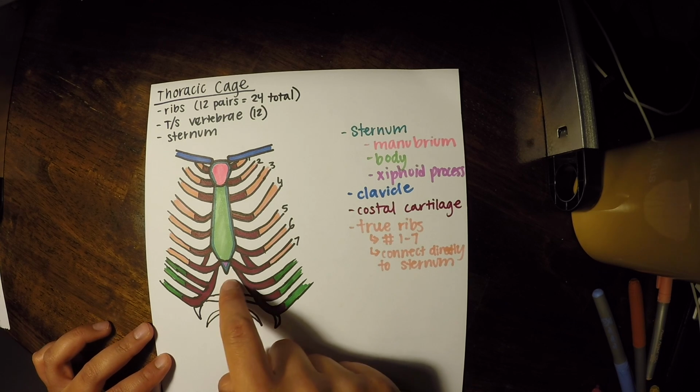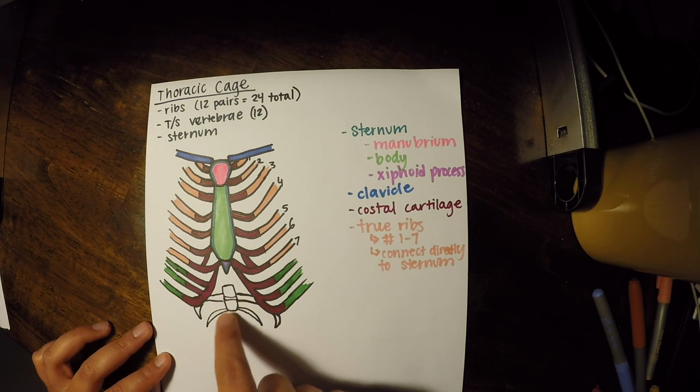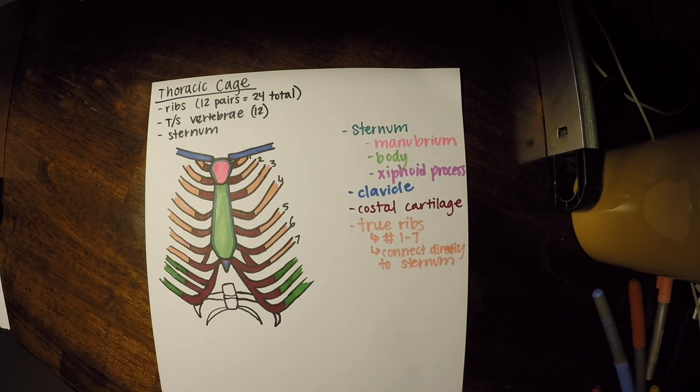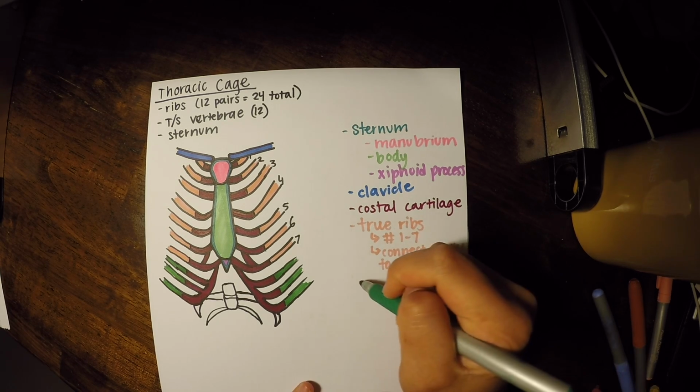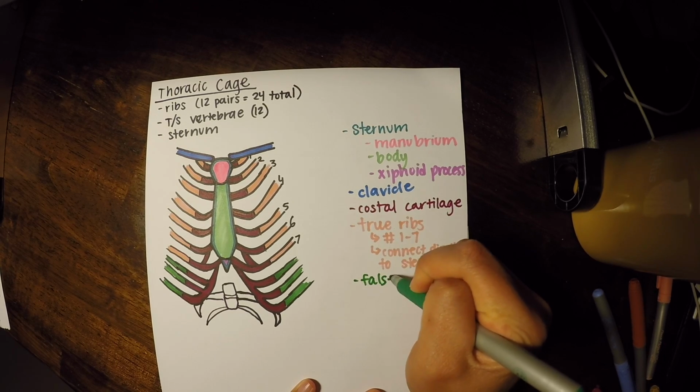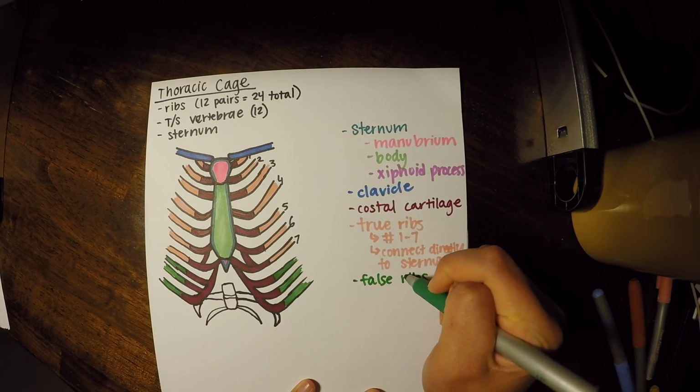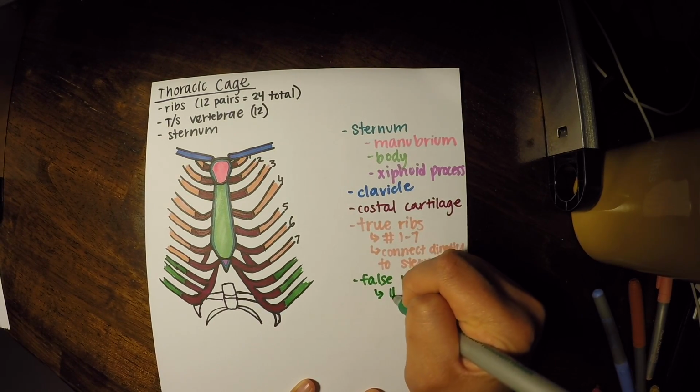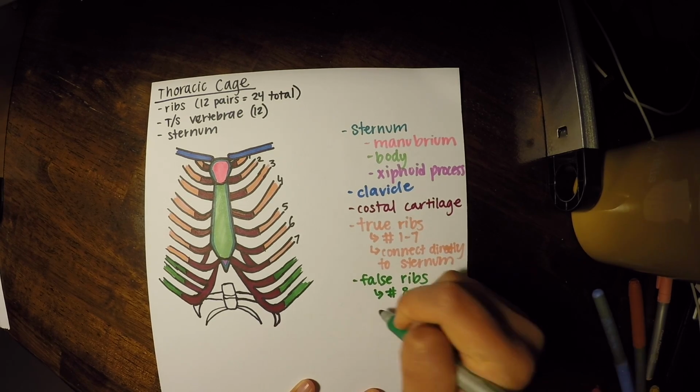So I have a couple of the vertebrae drawn here, and there's more going up, but I just drew it for our viewing purposes here. Now, these are our false ribs. And that's numbers 8 through 10.